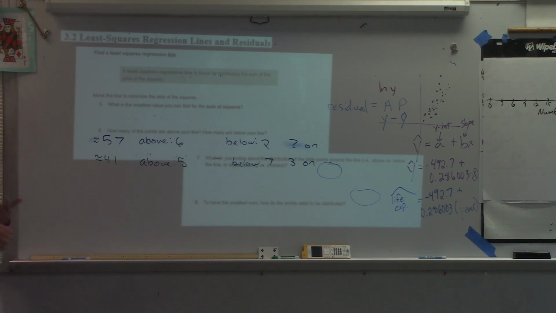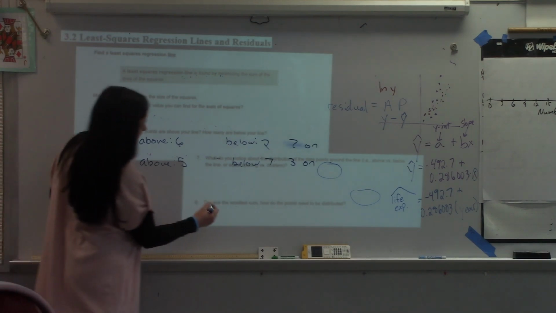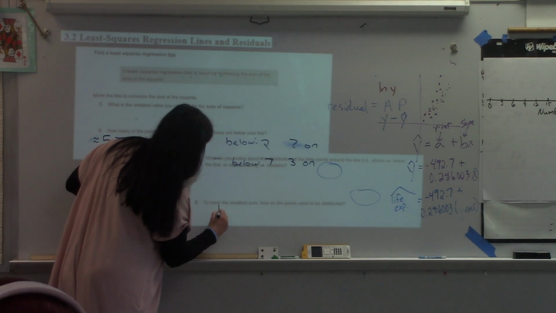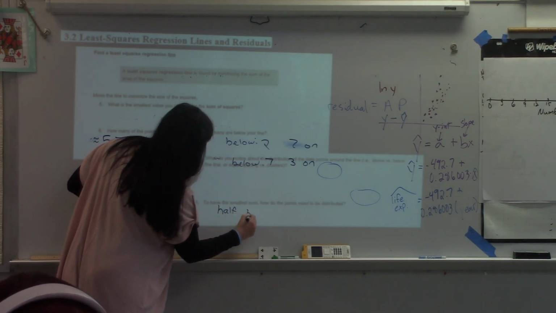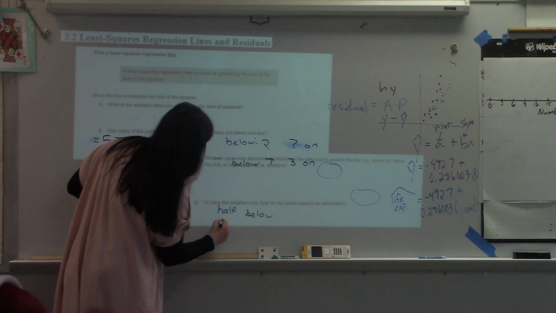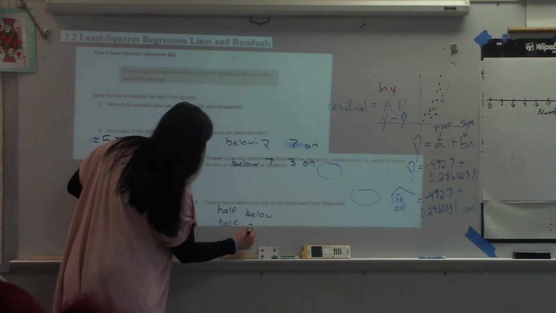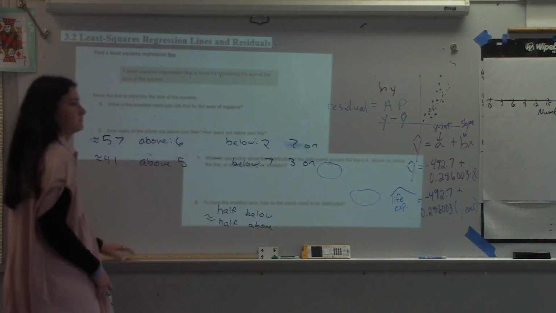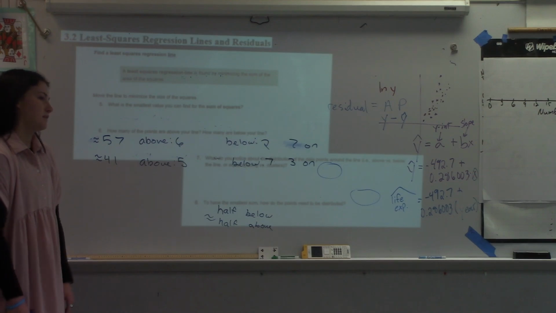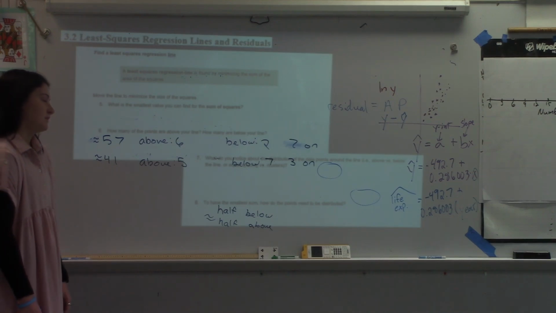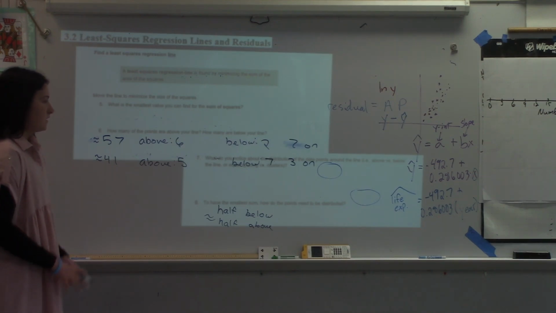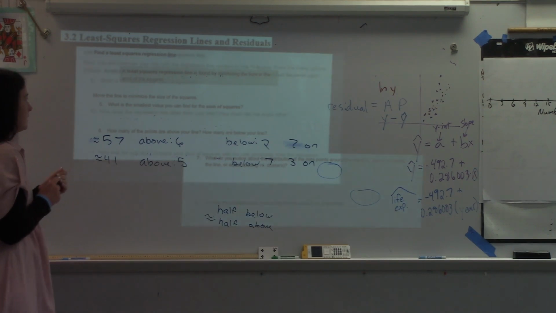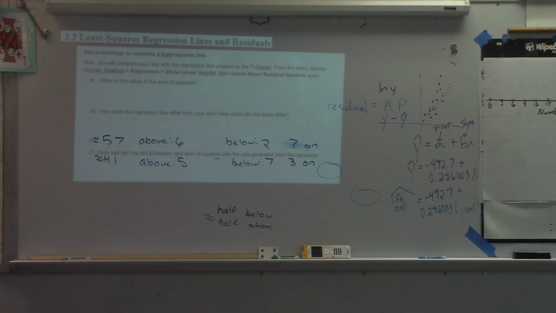So to have the smallest sum, how do the points need to be distributed? Evenly. Roughly half below, half above. I don't think that's roughly in math. It's approximately. Yeah, same thing. Close enough.